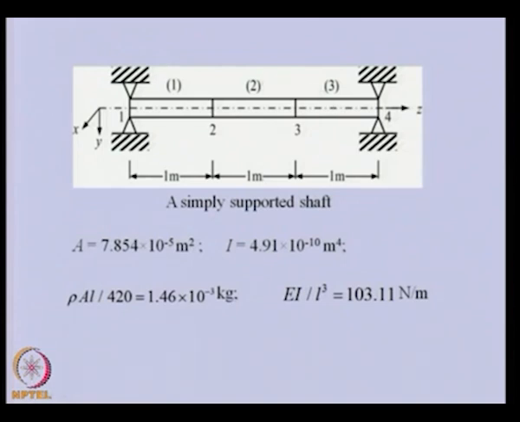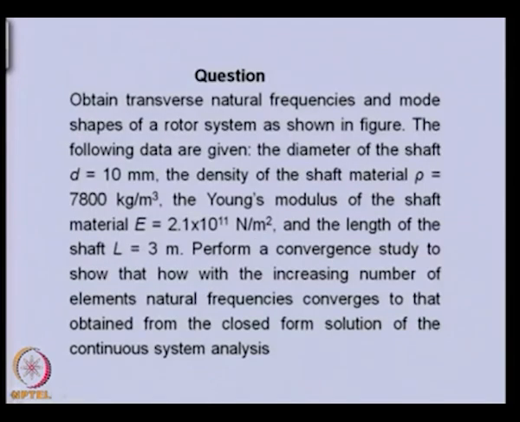For this particular rotor we have all the properties, including the diameter of the shaft, length of the shaft, and material properties, and basically we need to obtain the natural frequency. Once we develop the assembled equation and apply the boundary conditions, we can take more elements to get better accuracy.